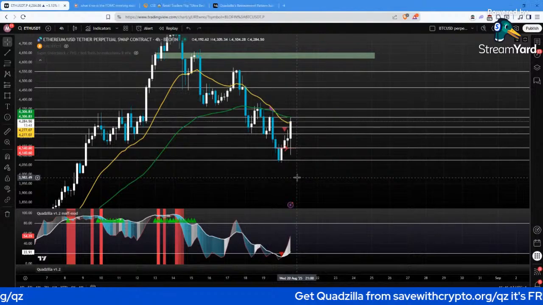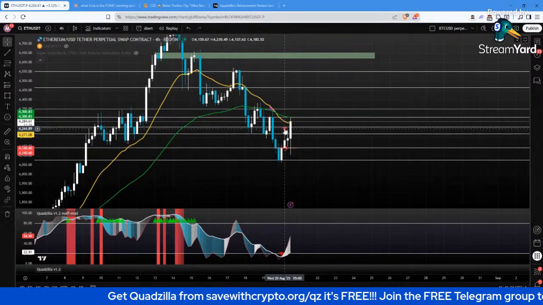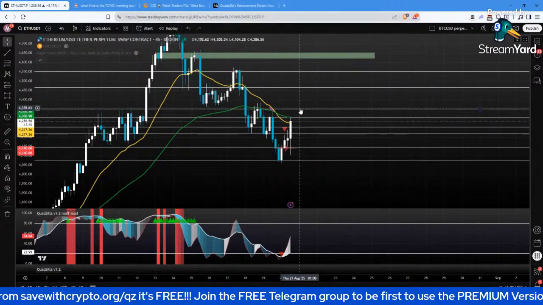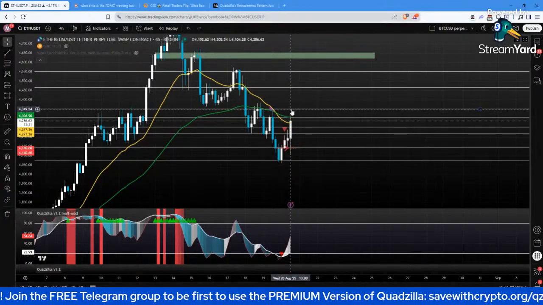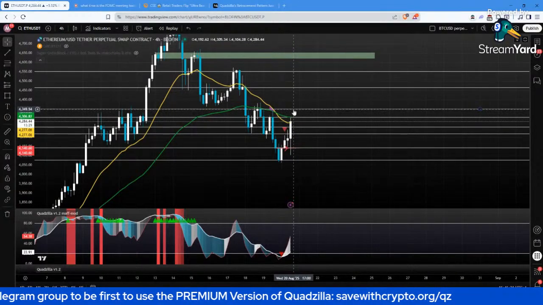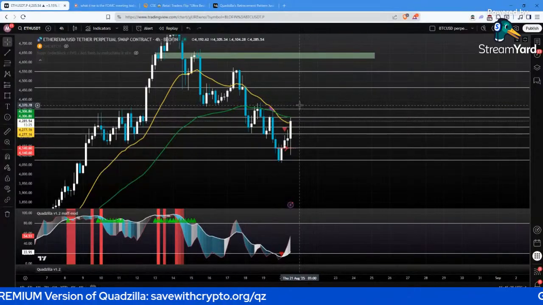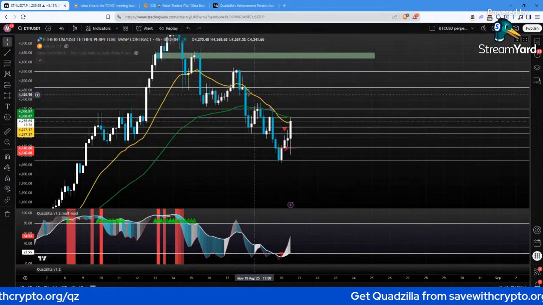Where was I? Yeah, so this level, if it breaks through up into there, then I think it's fairly clear skies at least up until there, 4349-ish, 4350, and then above there, and so on up. Hopefully it just keeps on going.